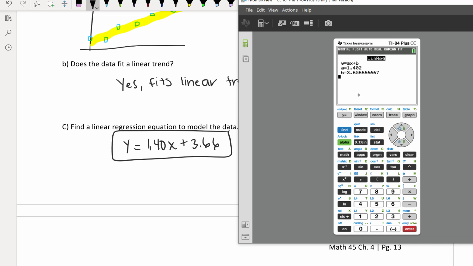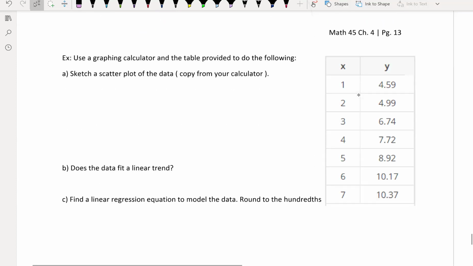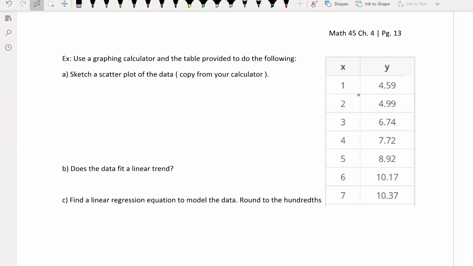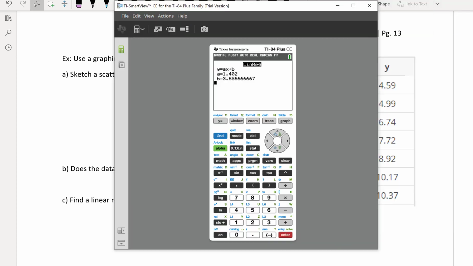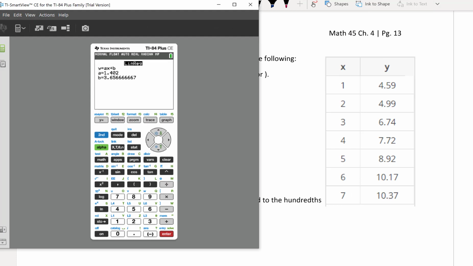Now we're going to do the next example together. So for this example, it says we're going to use this table, and again, we're going to sketch a scatter plot of the data. So I'm going to go back to my calculator. So I'm going to go back to Stat. I'm going to press Enter, and I'm going to clear my values.